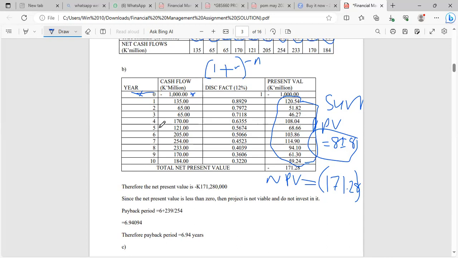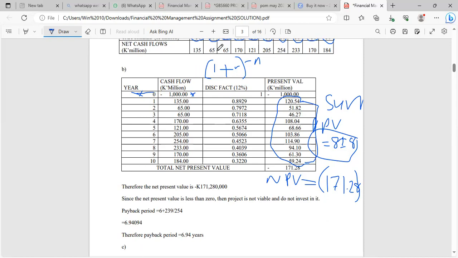So start adding, but our recovery should not exceed 1,000. It should be 1,000 exactly. So we add up to year what? Start adding and it will tell you where to end, but it shouldn't exceed 1,000. So it stops at year 6.